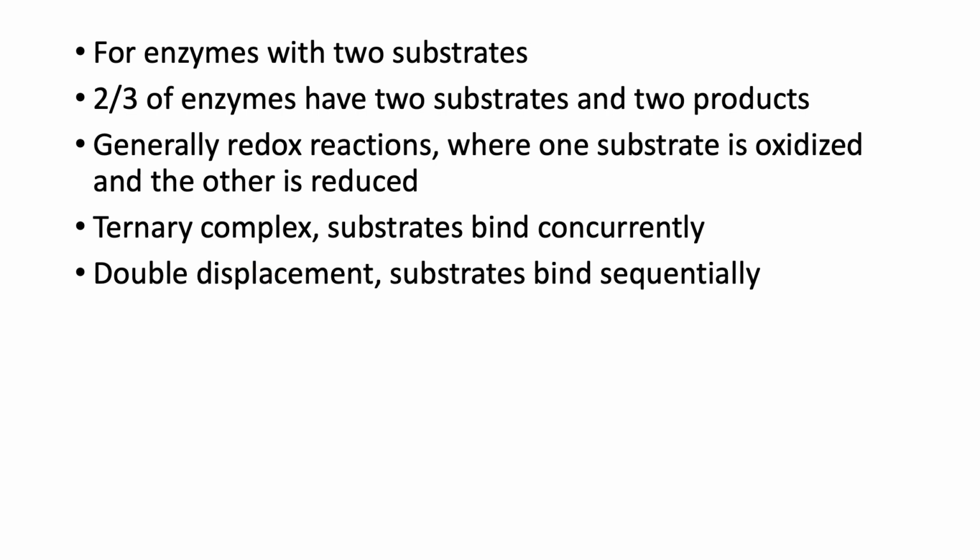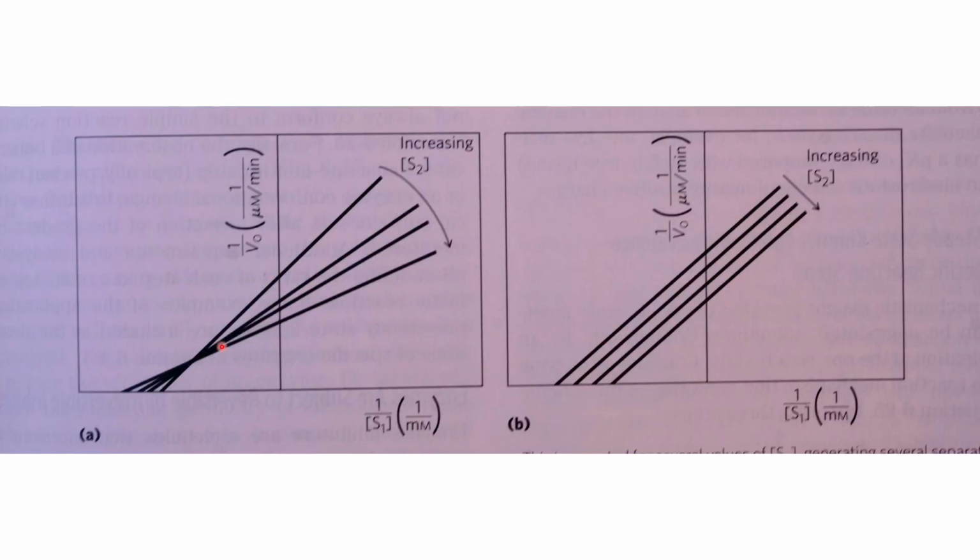And when you do a Lineweaver-Burk plot of those, this is a ternary complex. So instead of one Michaelis constant here, the Michaelis constant changes with increased amount of the second substrate, and this is the first substrate here.